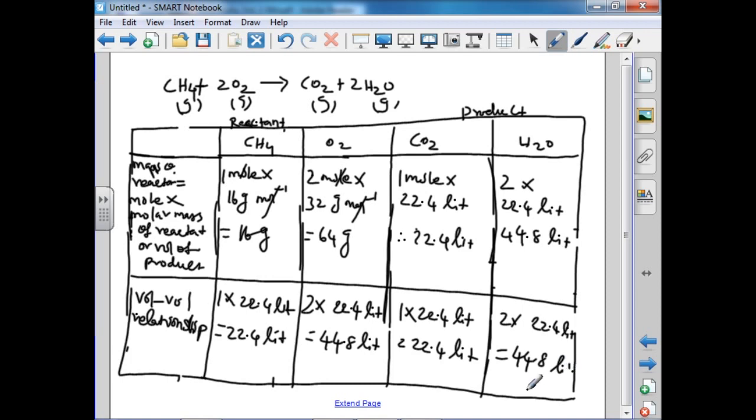This is the volume relationship, both reactant and product.